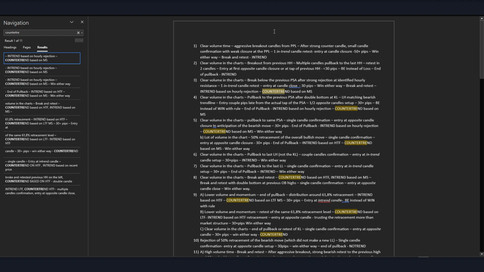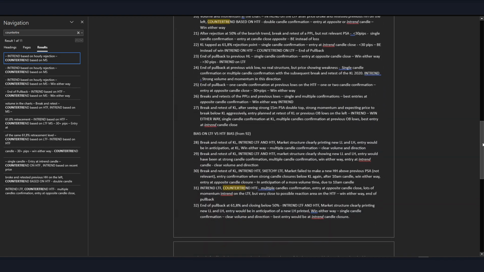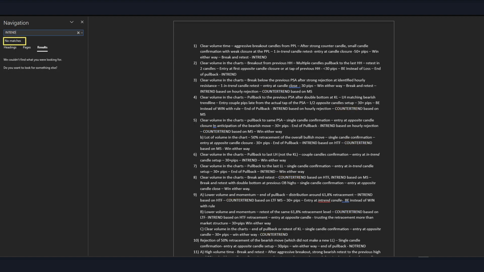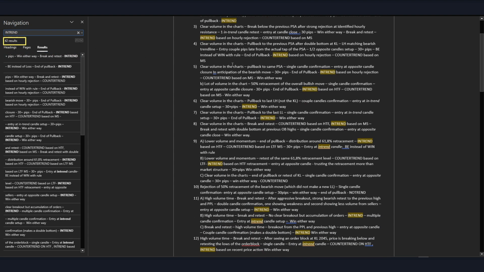So in the analysis that I did, there are not many trades, but we're going to have a look at the pictures. I just researched for counter trend, and as you can see, we only had like 11 results, while if I look for in trend, you will see that we have like 42 results.